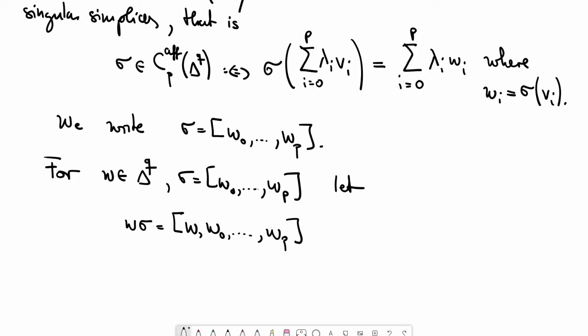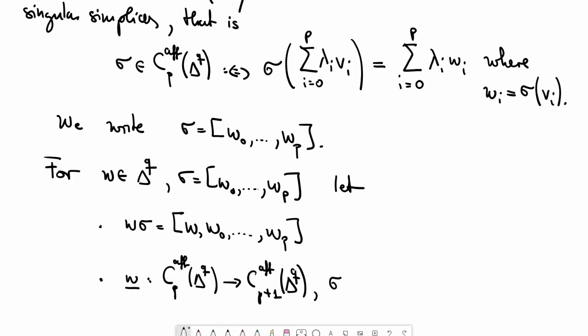So we define a map W underbar from C_P affine delta Q to C_{P+1} affine delta Q as the linear extension of the map above. So this maps sigma to W sigma. And this is the linear extension, so it's a homomorphism.